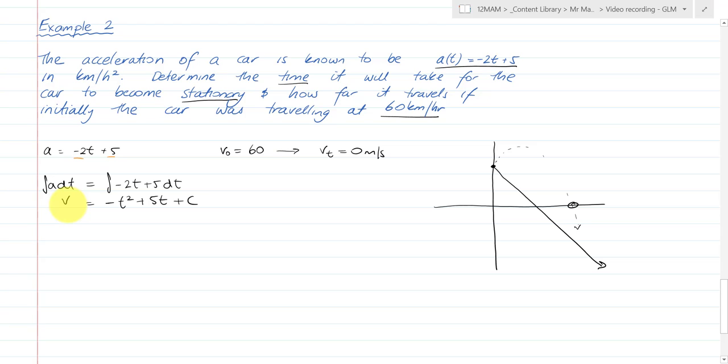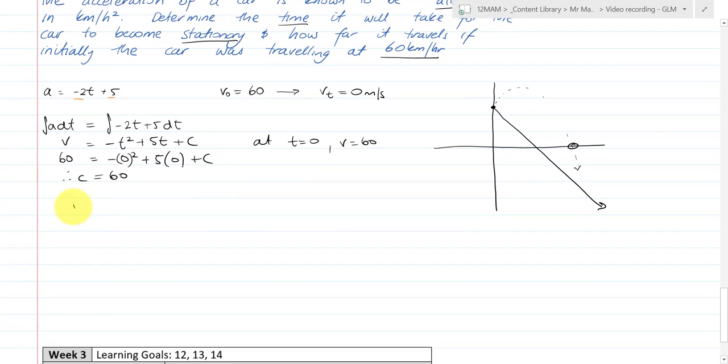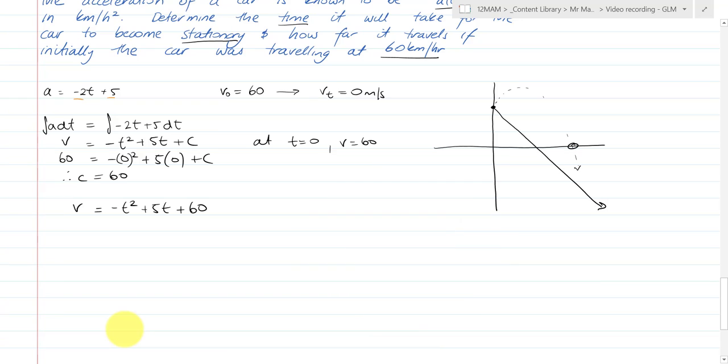Now, we also know that v0 is 60, so at t equals 0, v equals 60, so we get 60 is equal to negative 0 squared plus 5 times 0 plus c, so therefore c is equal to 60, and now we have velocity is equal to negative t squared plus 5t plus 60, and we want to know when is the velocity 0. So therefore we're trying to solve negative t squared plus 5t plus 60 equals 0.